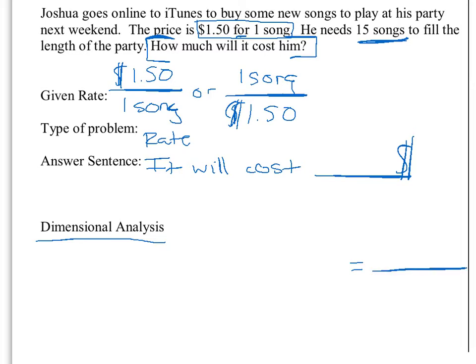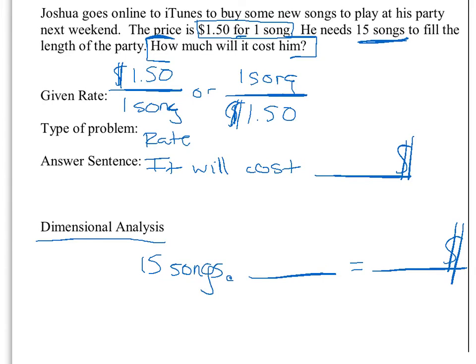So in this particular problem, I know the units of my answer are supposed to be dollars. So I'm setting up my calculation here with my answer having units of dollars. Is it supposed to be a ratio? No. So I know that what I'm trying to find out about is 15 songs, so I'm given 15 songs, and I know I need to do something with that 15 songs.